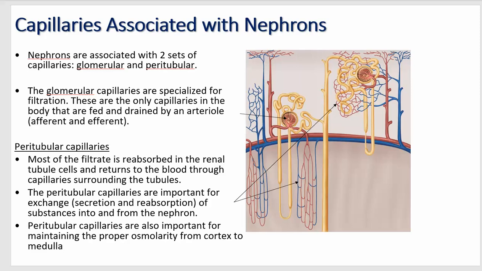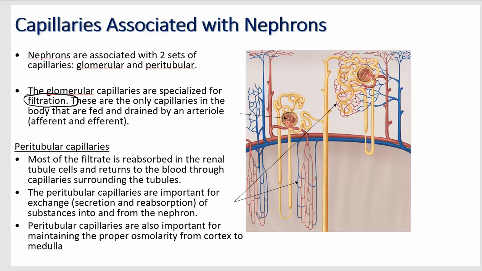Okay, so a couple of details on how filtration takes place. They're associated with two sets of capillaries, the glomerular and the peritubular. We talked about that. Glomerular capillaries are specialized for filtration. Those little details, like arterial to capillary and then back to arterial, happen only there. That's our glomerulus.